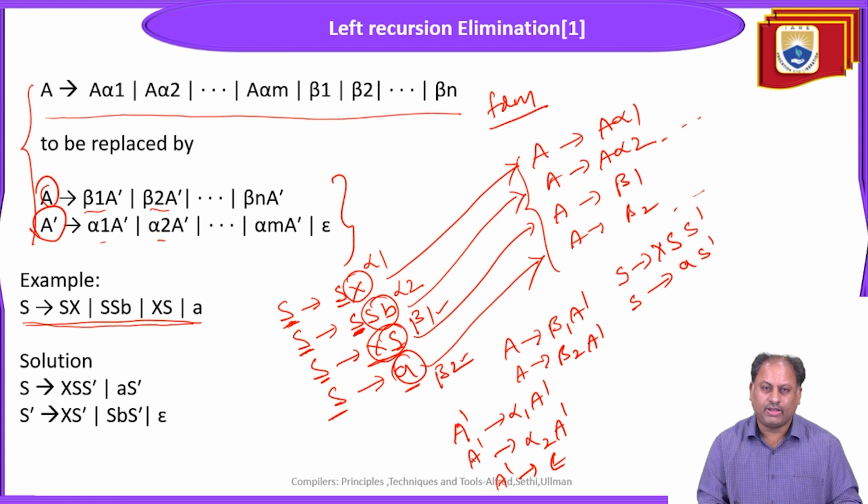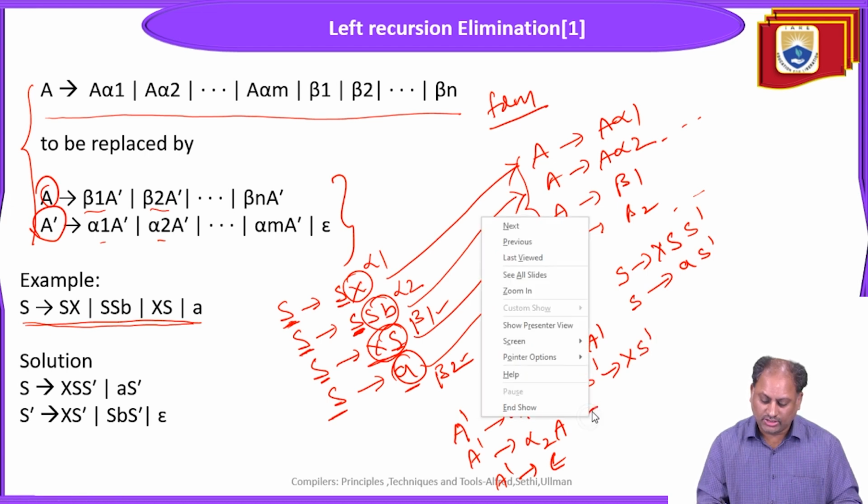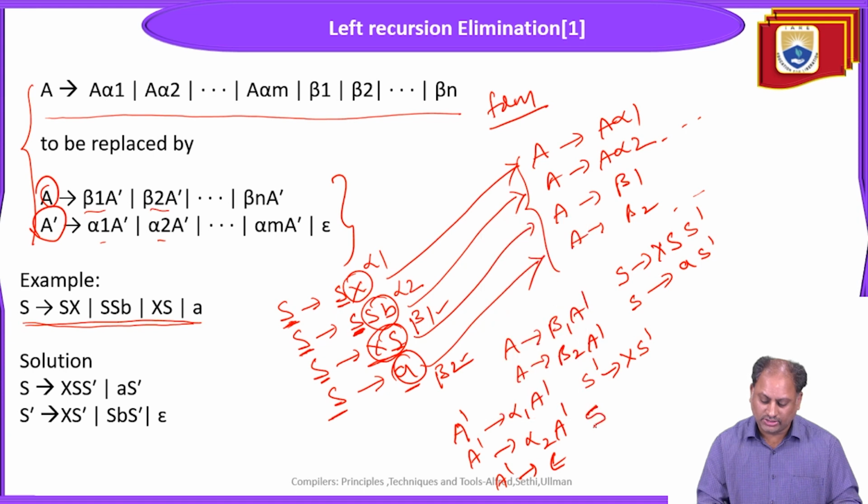Now if we implement this rule for the second, that is A dash. What is A dash here in this case? S dash. Alpha 1. What is alpha 1 here? X. And A dash. A dash means S dash. That is first. And the second one, A dash means S dash, which derives alpha 2.